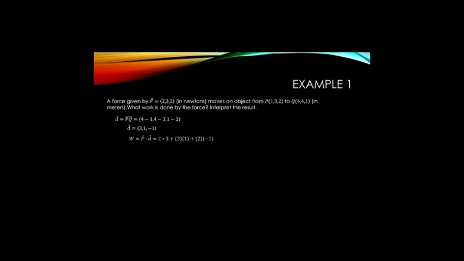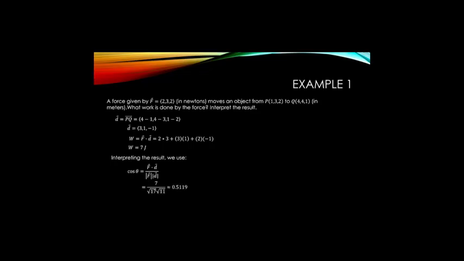The work done is the dot product of the force vector and the displacement vector. This gives me 2 times 3 plus 3 times 1 plus 2 times negative 1, or 7 joules of work. If I interpret the result, I'm going to use the relationship that says cosine theta is equal to the dot product of F and d divided by the magnitude of F times the magnitude of d.